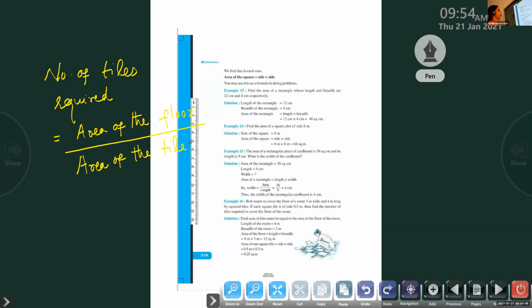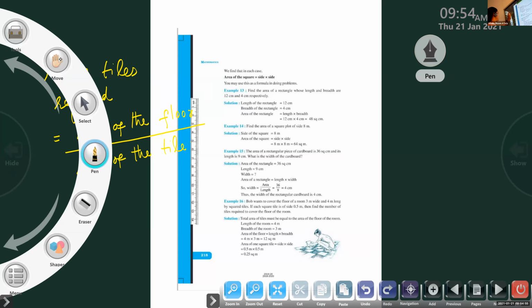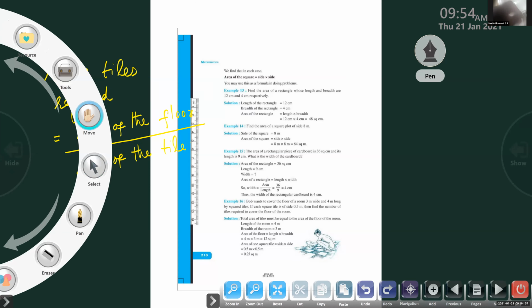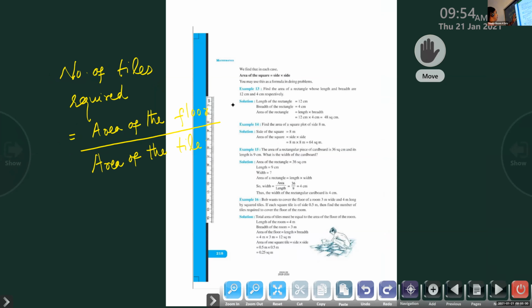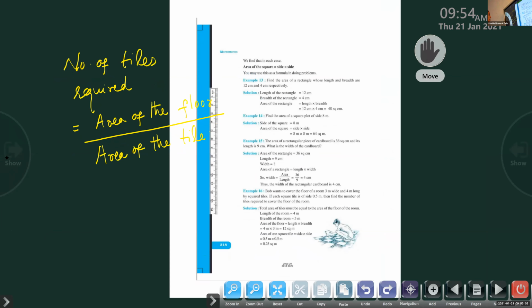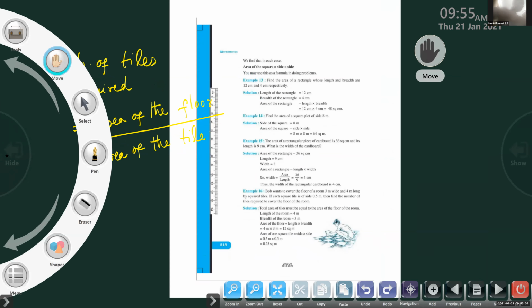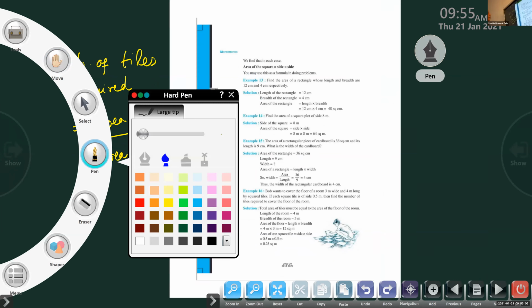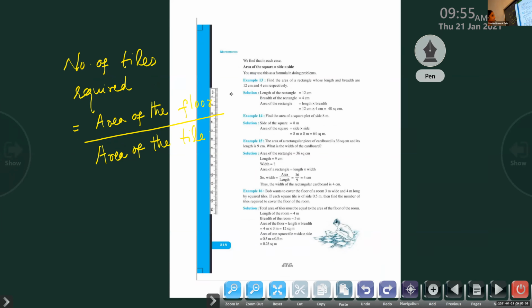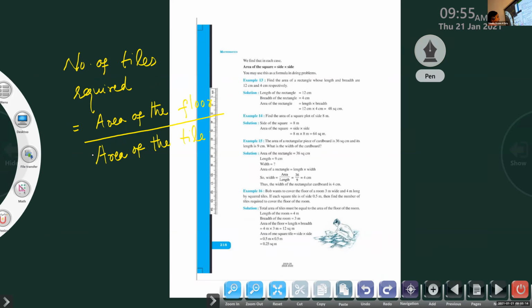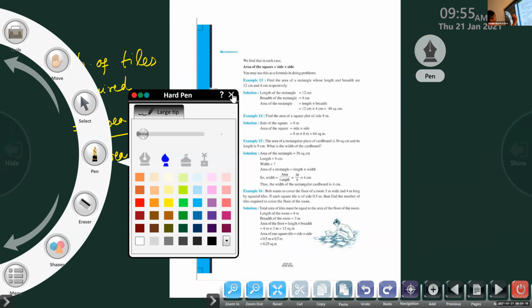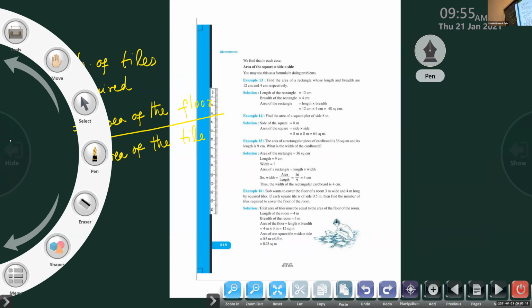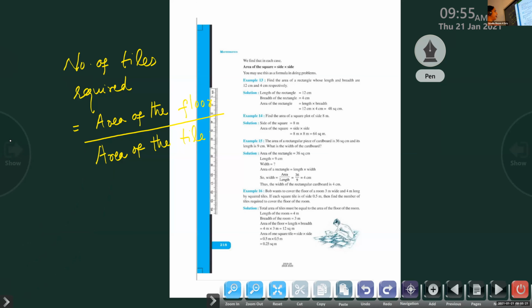Number of tiles required equals area of the floor divided by area of the tile.